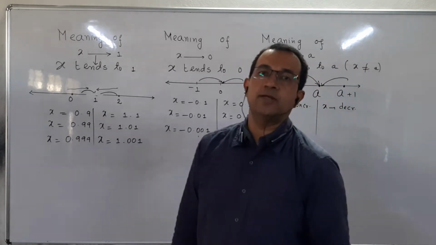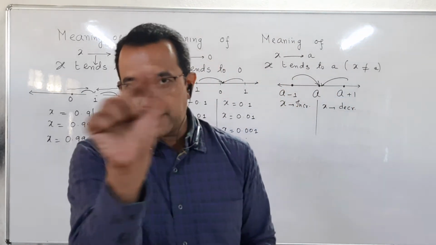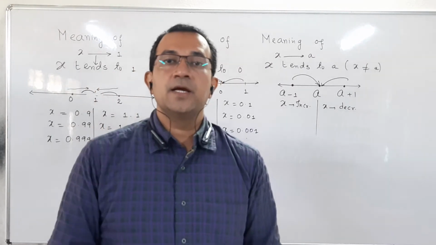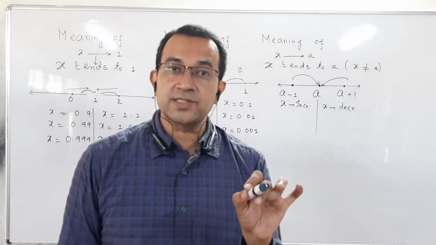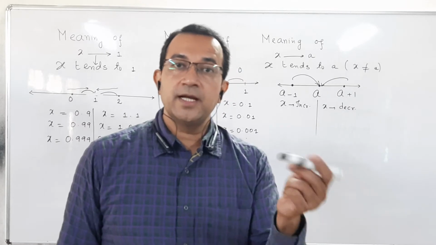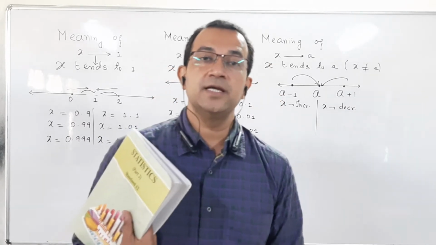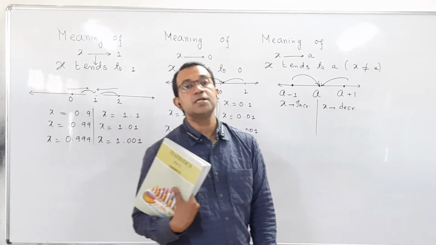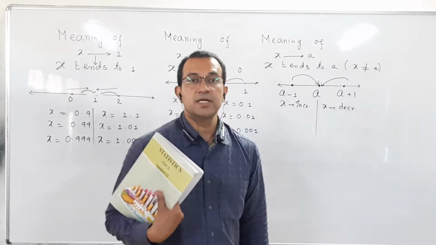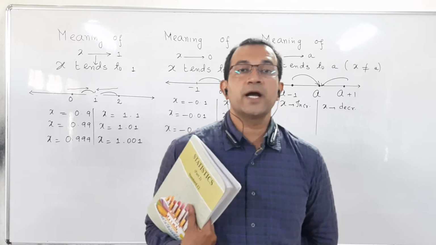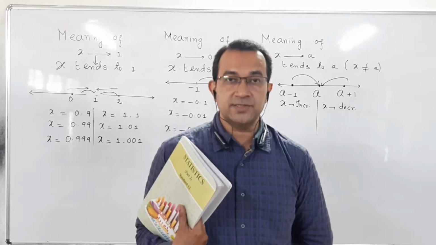It is denoted by x, arrow, a. By increasing the value of x, means from left hand side, and by decreasing the value of x, means from right hand side. These are the key words, students, which you have to memorize.